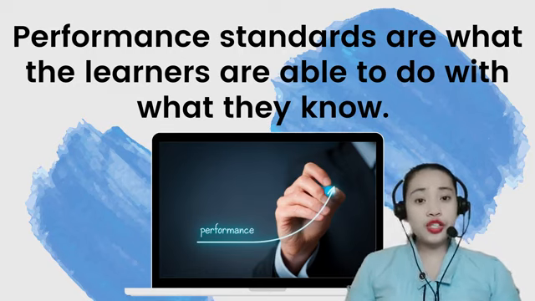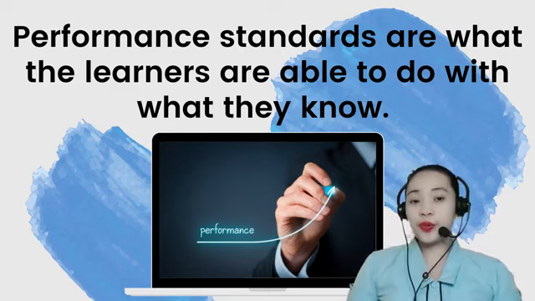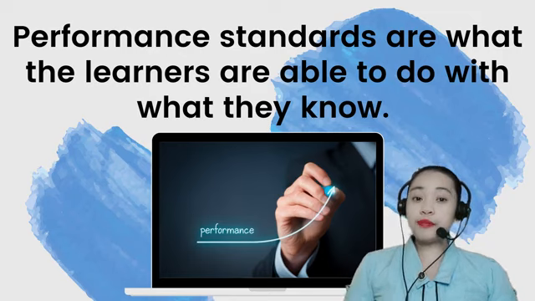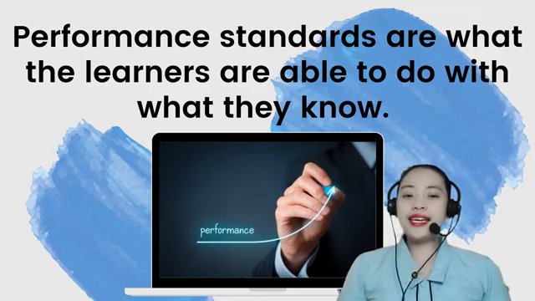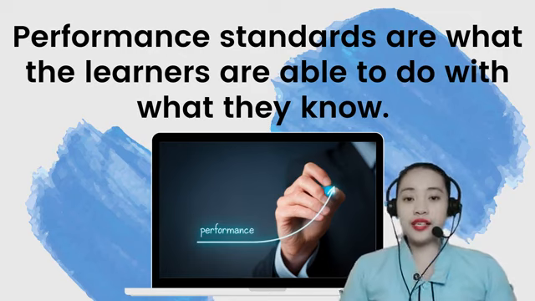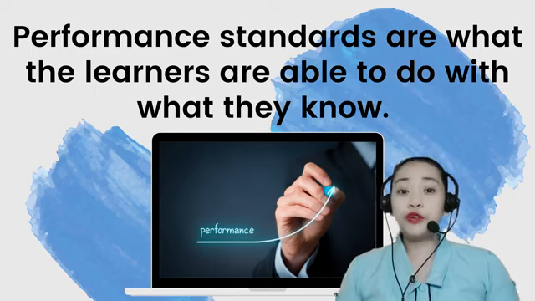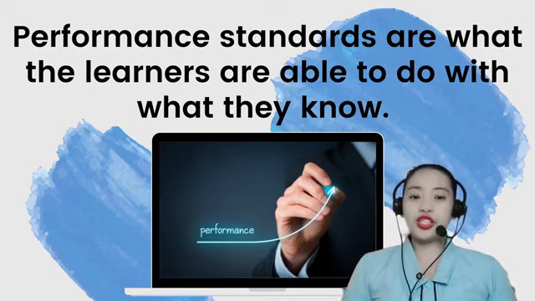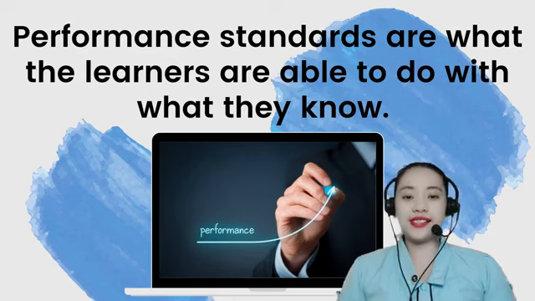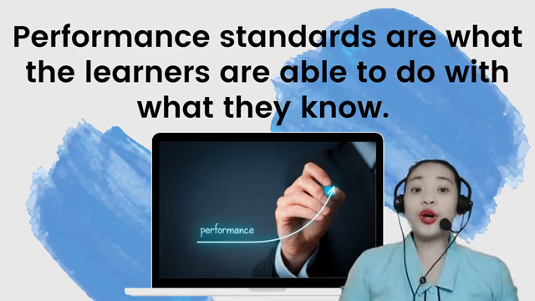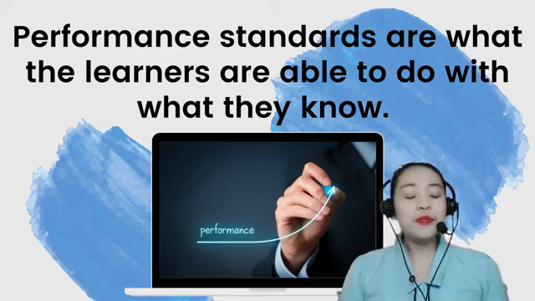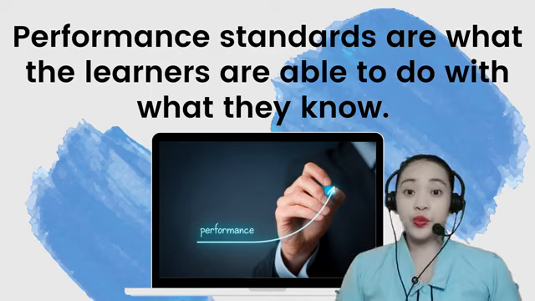Expectations for instruction, assessment, and student work are called performance standards. These incorporate content standards and define the level of work that demonstrates achievement of the standards. Performance standards are what the learners are able to do with what they know.